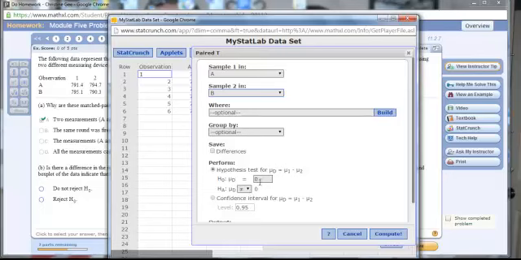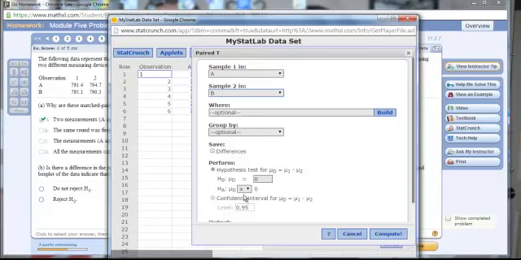Okay, and then here, hypothesis test. This just says that when we subtract the two, the population means are equal to 0, so that means that there's no difference between them.